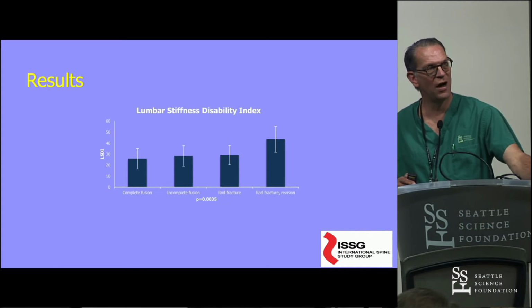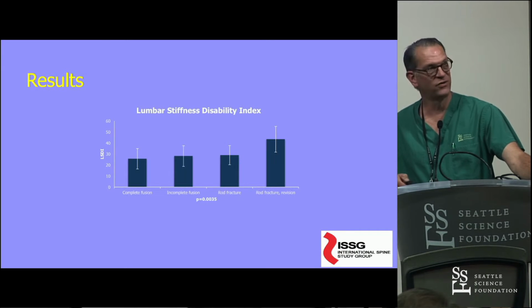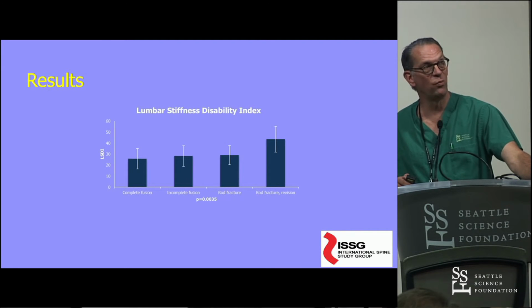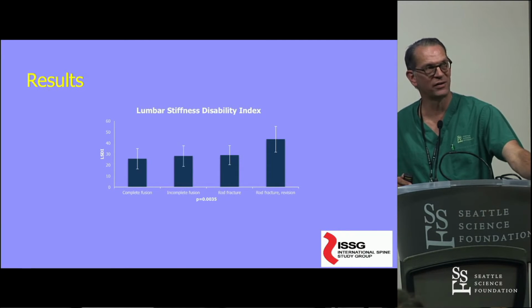My patients want to know how their stiffness, or how their spines, are going to behave, how they'll be affected by stiffness. And it turns out that even though the rods fracture, presumably creating more mobility, the patients actually perceive more limited mobility and more impact as a result of stiffness.